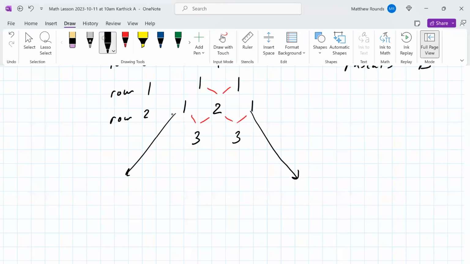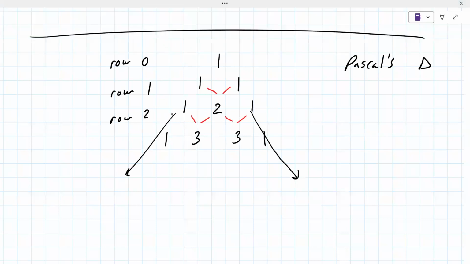And then the ones still go down the sides. So this is row 3. And then you get 4, 6, 4, 1, and 1 like that. You see the pattern. You see how I'm getting these numbers.